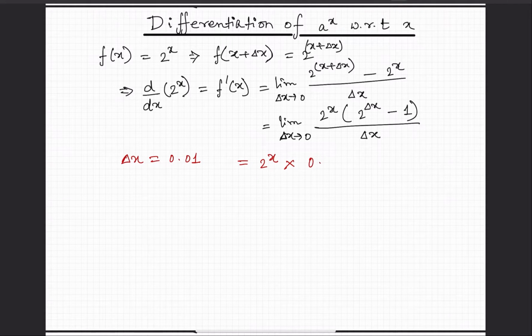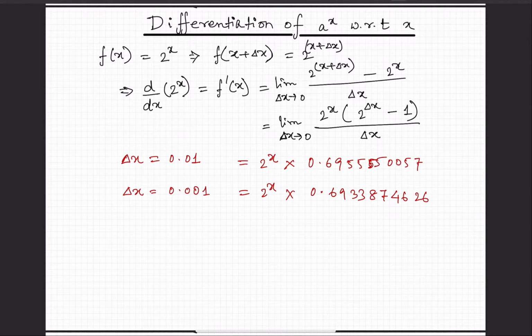It would take the value of 0.6955550057 according to my calculator. Now if we take a much closer value to 0, say 0.001, it would take a value of this.